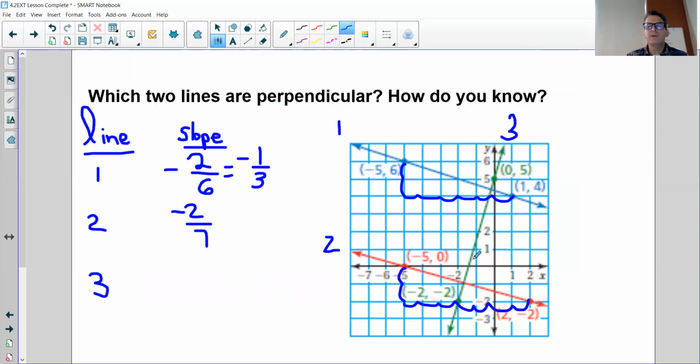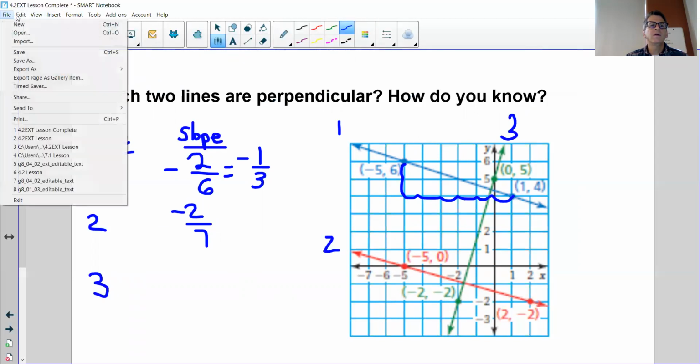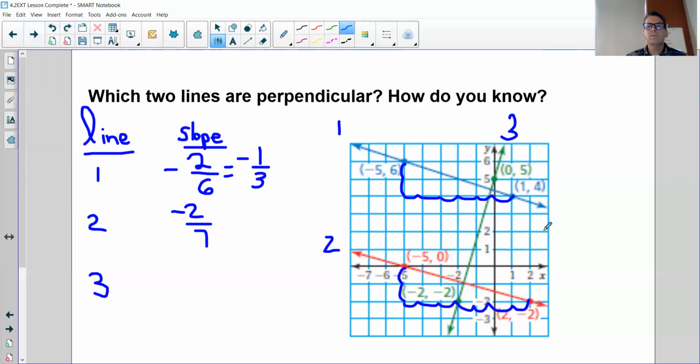Now, this is where the rubber meets the road. Line 3 is going to be a positive slope. It's going to go up 1, 2, 3, 4, 5, 6, 7, then over 2. 1, 2.